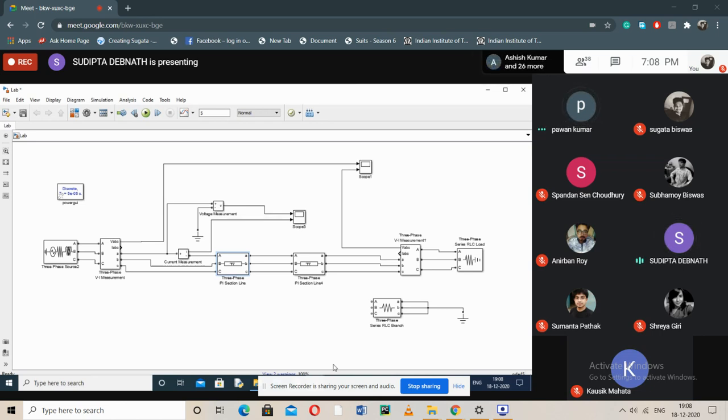Yes, so you are getting 270.72, and it is ohms. As impedance, it is ohms. 270.72 ohms. So this is actually the surge impedance. 270.72 ohms. What is the surge impedance loading?